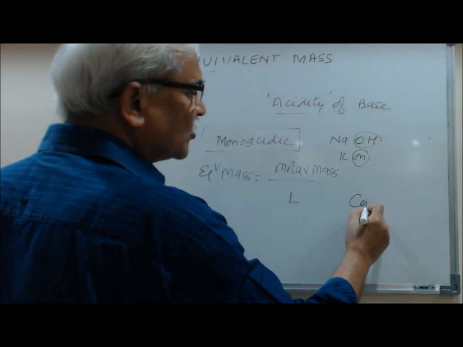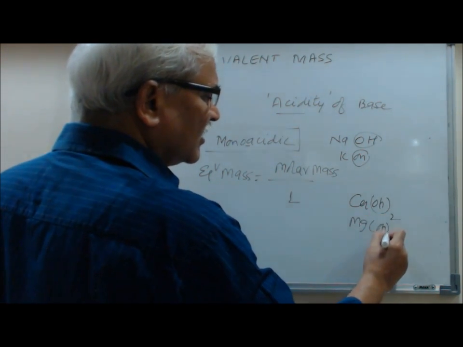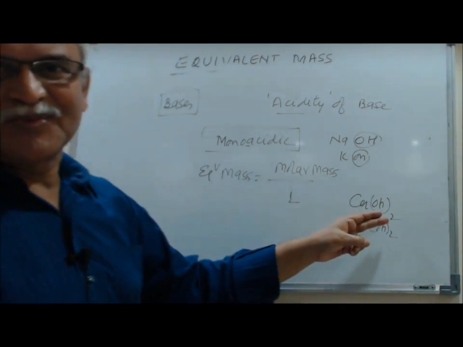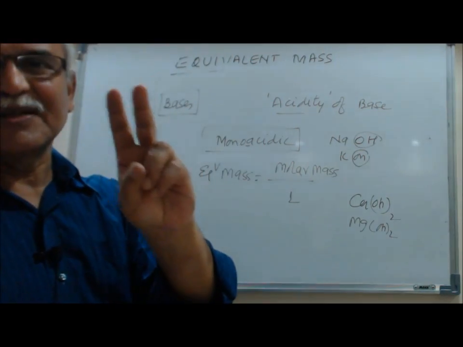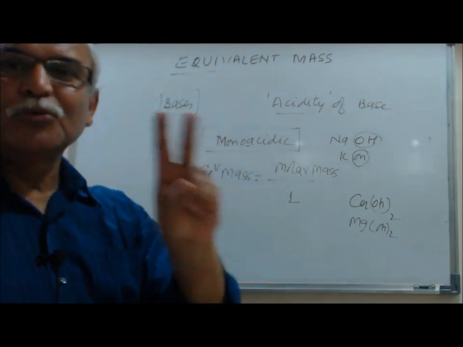But if you have calcium hydroxide or magnesium hydroxide, it becomes now simple to anticipate. Here there are 2 hydroxyl ions, so they can react with 2 protons. So their acidity will be 2, because they will react with 2 protons.